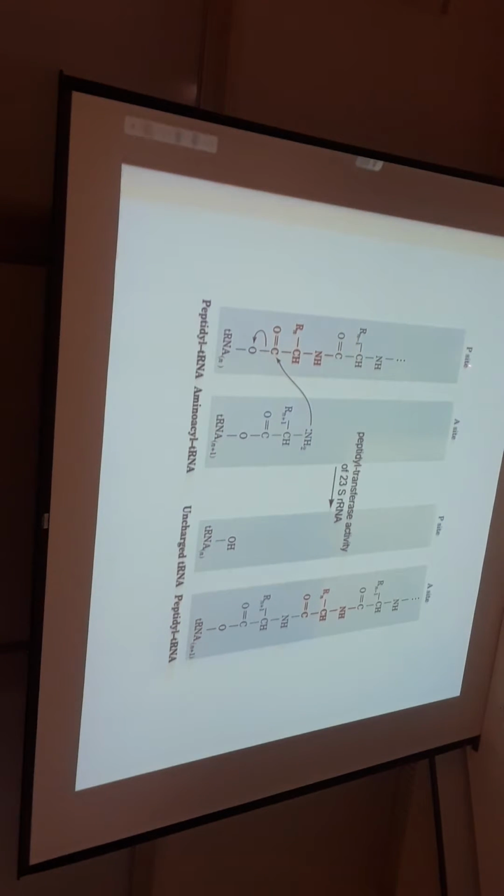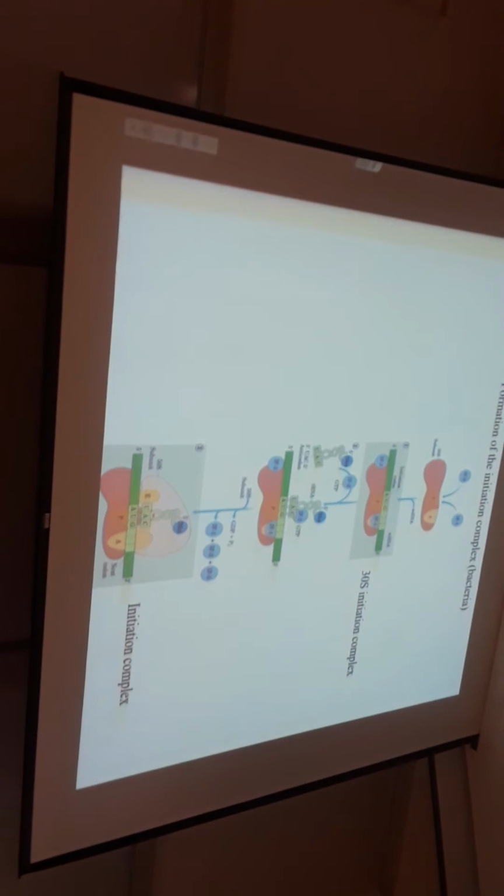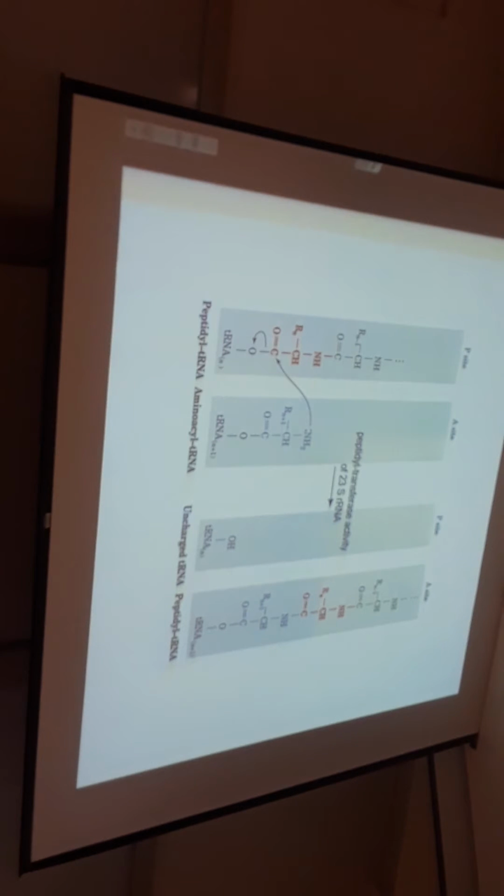We'll see that the very first amino acid bound by ribosomes will be bound here, to the P site, the peptidyl site, okay? But then in subsequent reactions, the next amino acid will be bound to the A site.